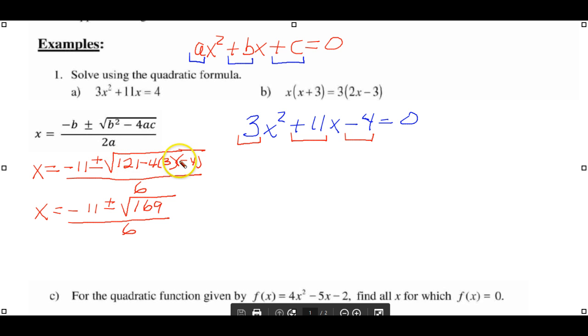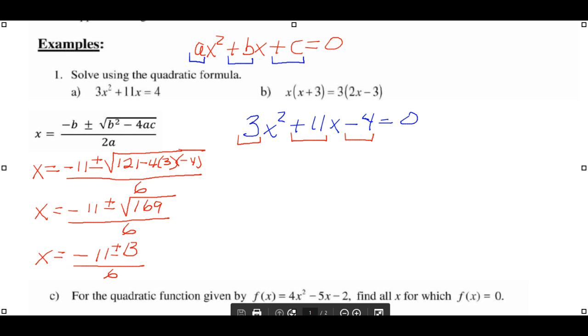So under the radical, we get the square root of 169, that you may recall is a perfect square. So this becomes negative 11 plus or minus 13 all over 6. Now you're going to get 2 answers.